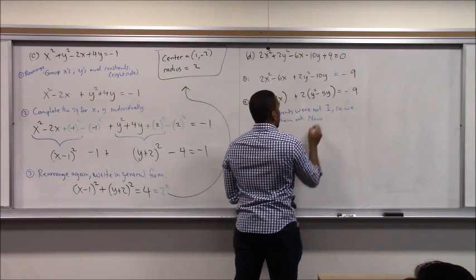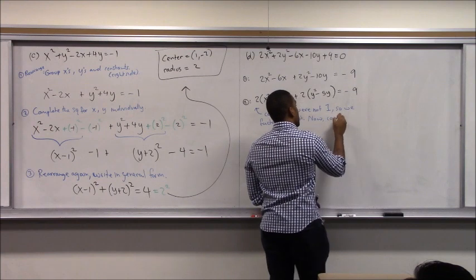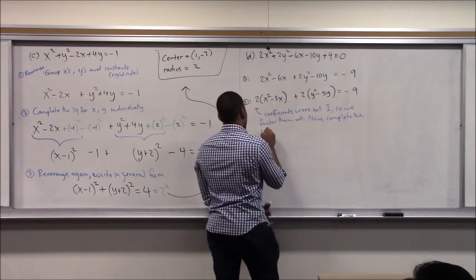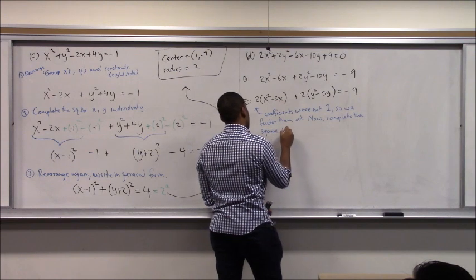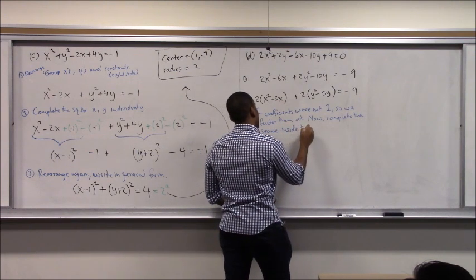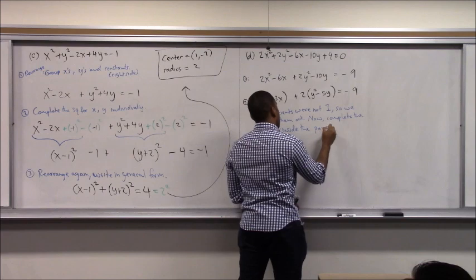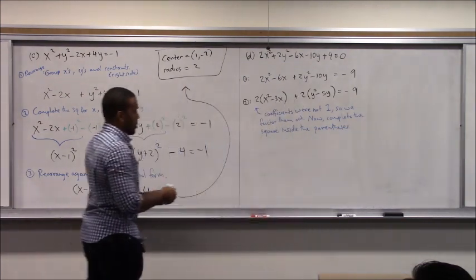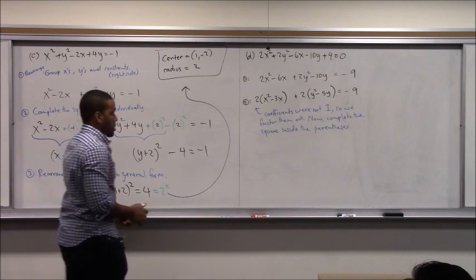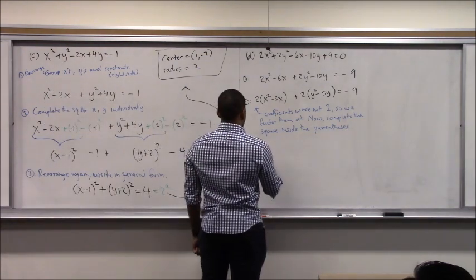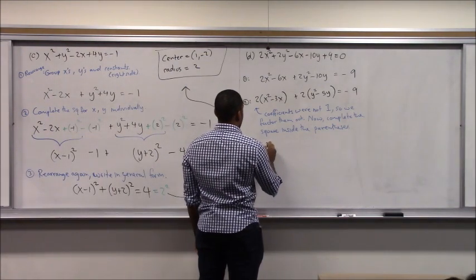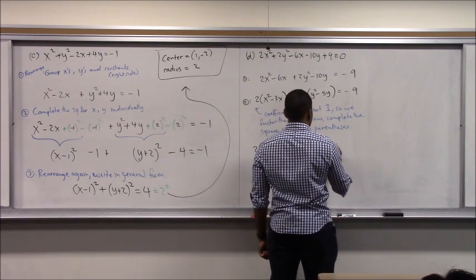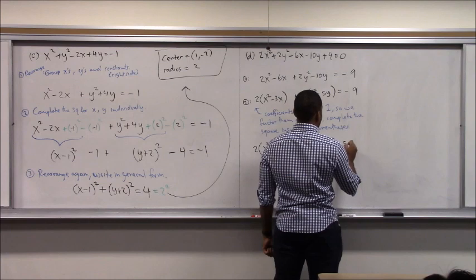Now, what you want to do is complete the square inside the parentheses. So now I'm going to do x squared minus 3x, and y squared minus 5y.